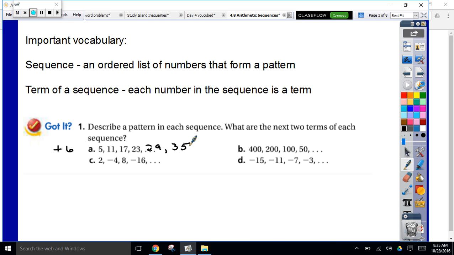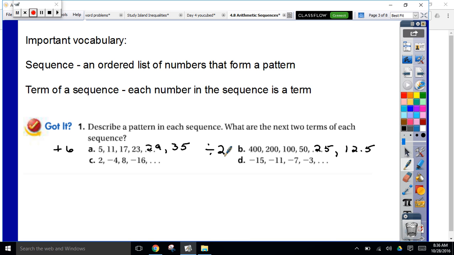I'd say 25, and then 12 and a half. Good. So how did you know that was 25? 400 split in half is 200, 200 split in half is 100, 100 split in half is 50. So we're splitting them all in half. So we could say we're dividing by 2 for that pattern.